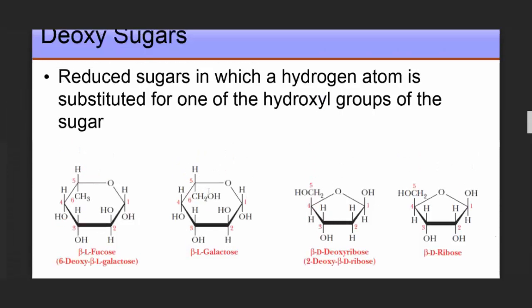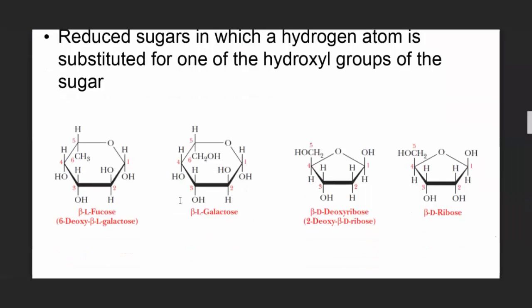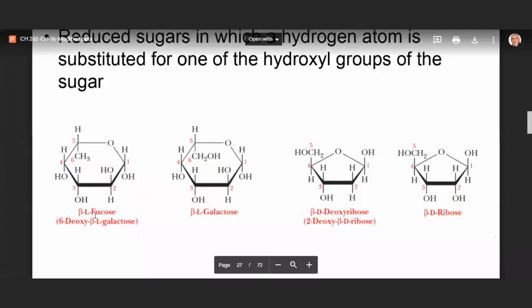Notice, in addition to oxidized sugars, there are some important reduced sugars. Like in this example here, a hydrogen atom is substituted for one of the hydroxyl groups of the sugar. This compound is called L-fucose, which is found in the carbohydrate portion of some oligosaccharides and in some glycoproteins, including the ABO blood group antigens.